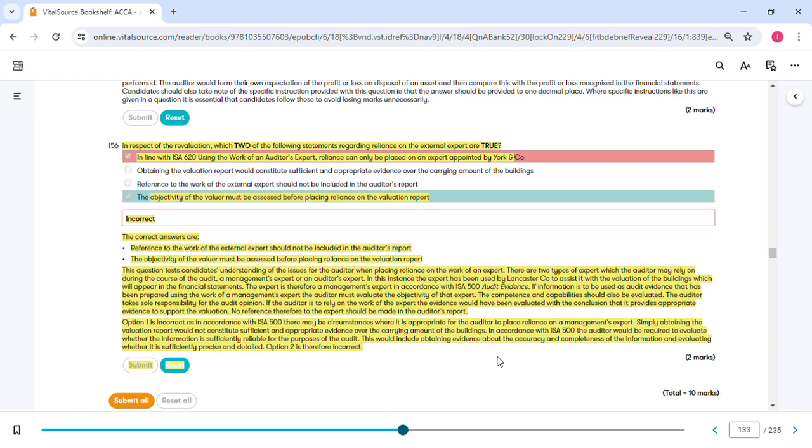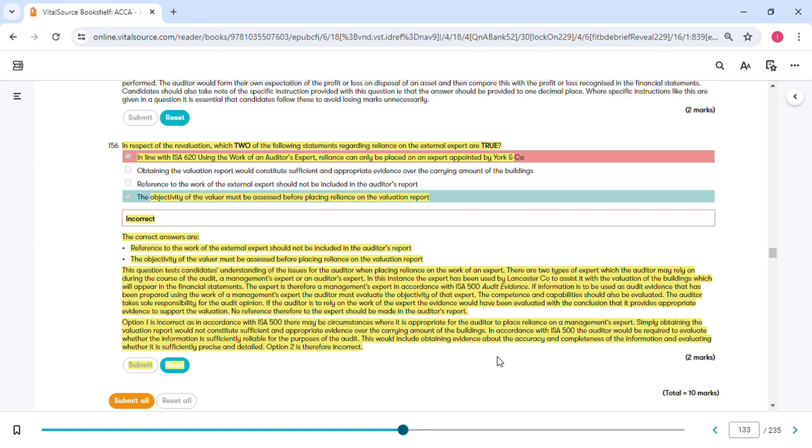There may be circumstances when it is appropriate for auditors to place reliance on the management expert. Simply obtaining the valuation report would not constitute appropriate evidence. Just getting the valuation report doesn't make any sense.